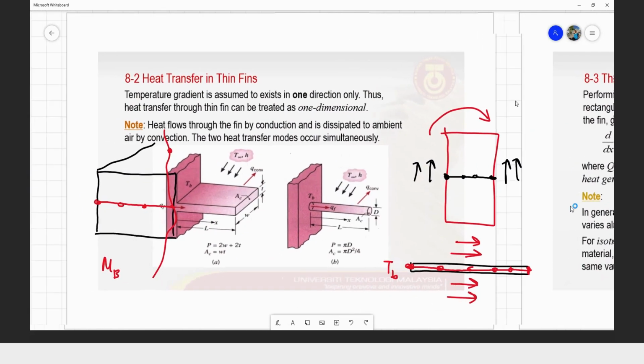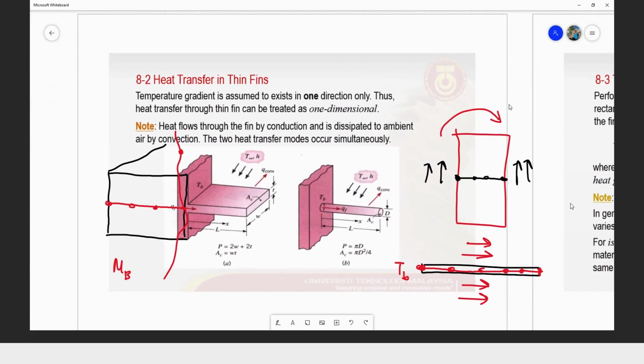Fins come in many types in terms of geometrical shape. There are rectangular shapes, cylindrical shapes, circular cylindrical shapes, and then square tapered and circular tapered.